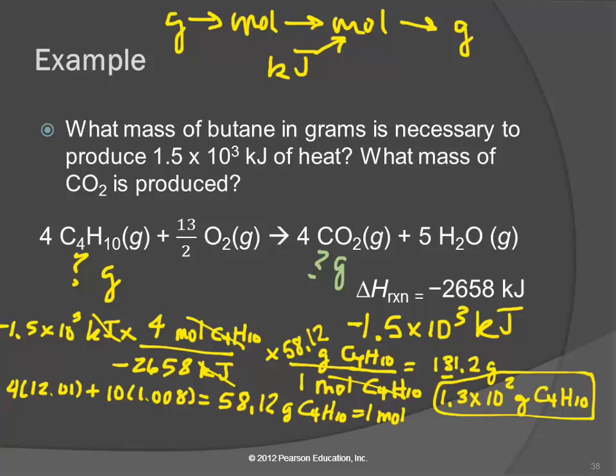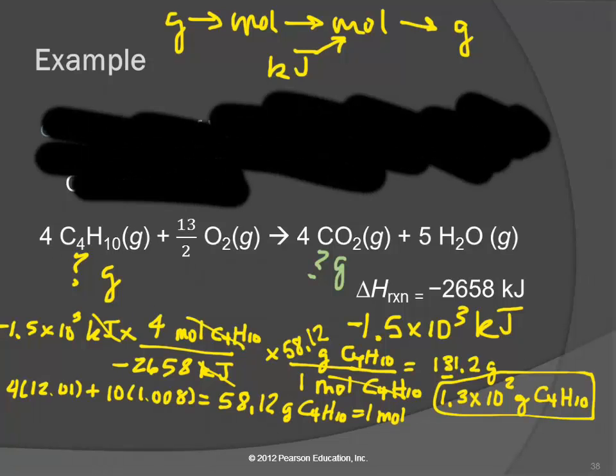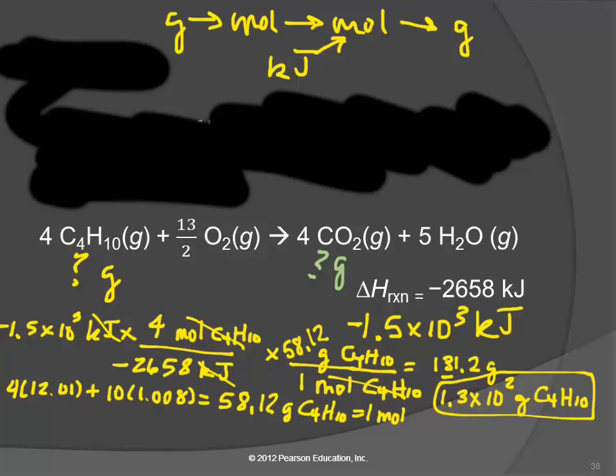Well, how do we do this? It's the same basic idea. Kilojoules to moles to grams. We can apply this to any of these compounds in this reaction. So we're going to go kilojoules to moles to grams.